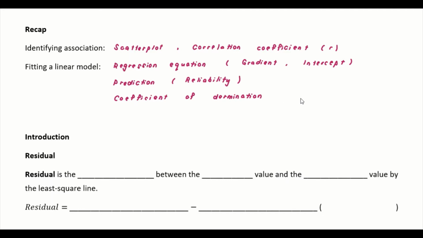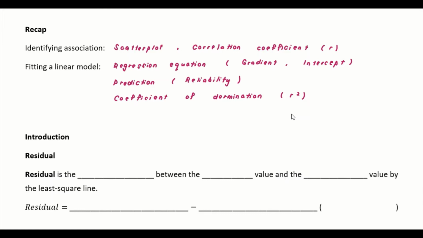This is the part where we discussed that if the relationship is stronger, then more variation can actually be explained by the model. So that's the idea of what we have done so far.